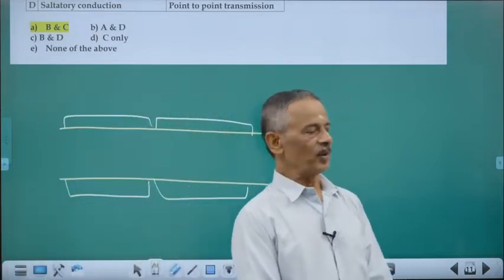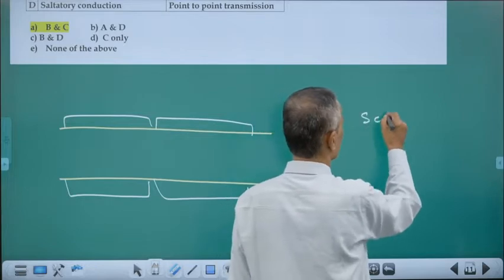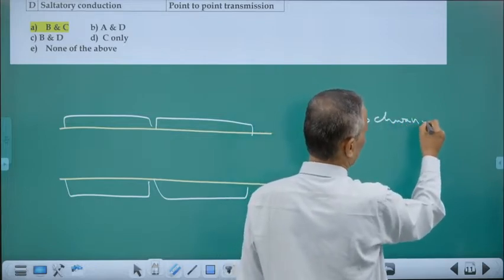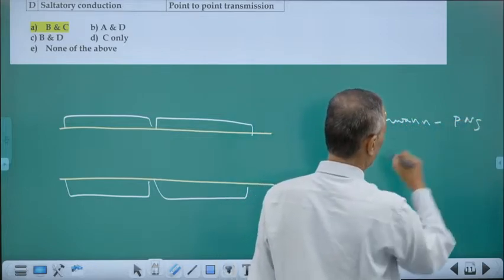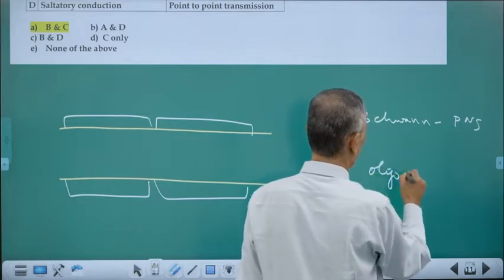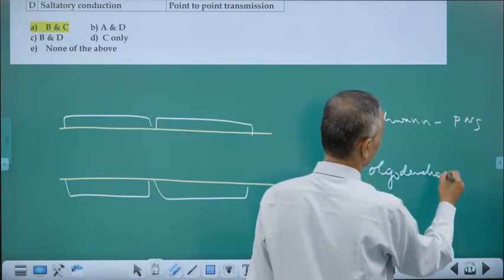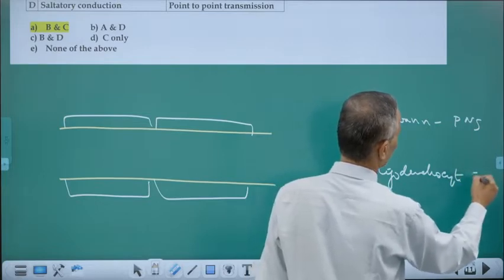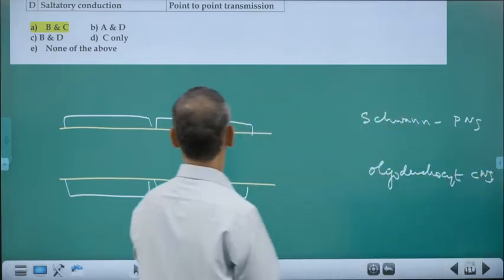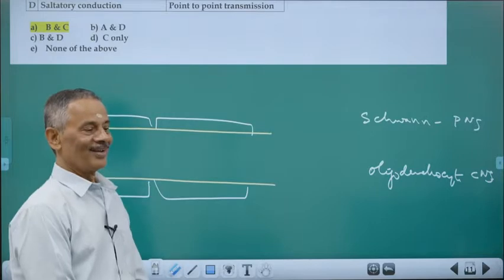These glia cells may be Schwann cells in the peripheral nervous system or oligodendrocytes in the central nervous system. These are the two types of glia cells.